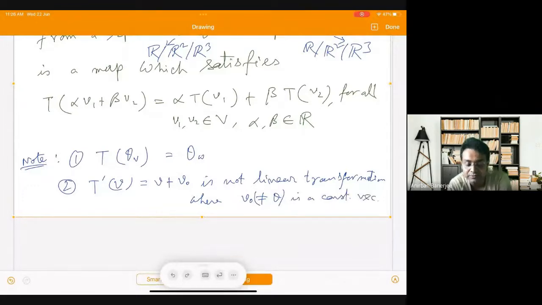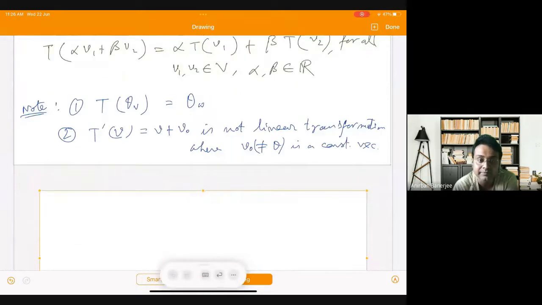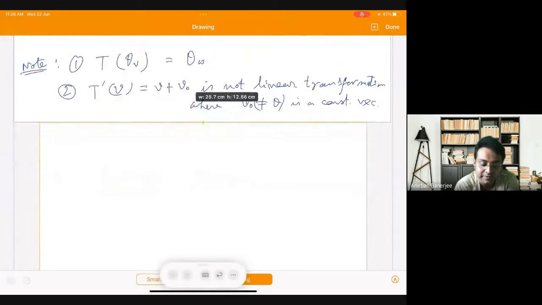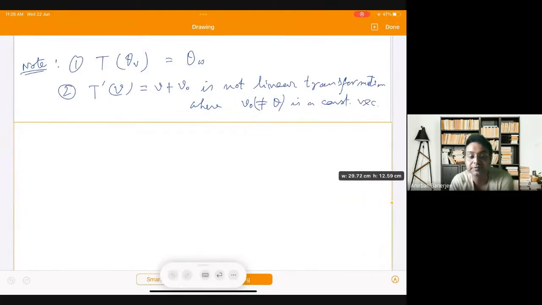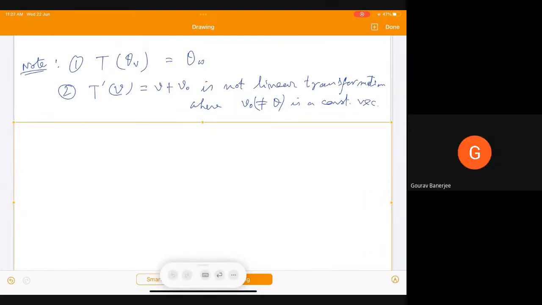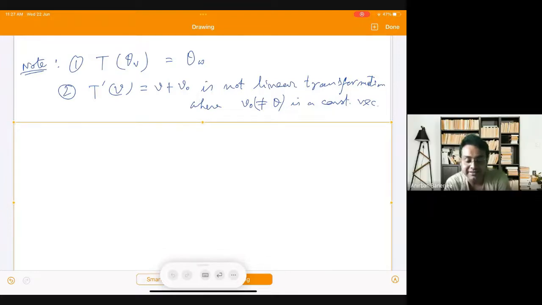Why will it not be linear transformation in this case? Anyone? Sir, it will not satisfy that above equation. Right, right. In that case, if you just put V equals to the null vector, then it will not transform into the null vector in the other space. That's why it will not satisfy that property.